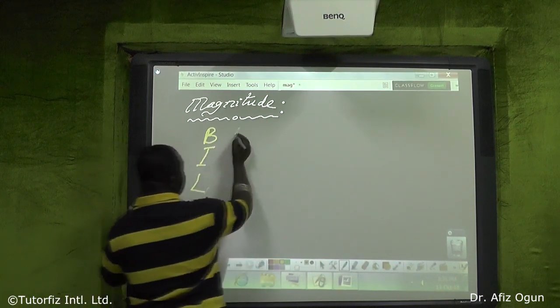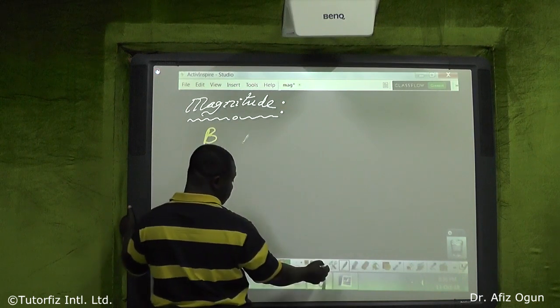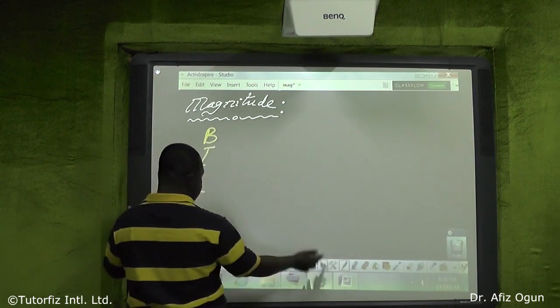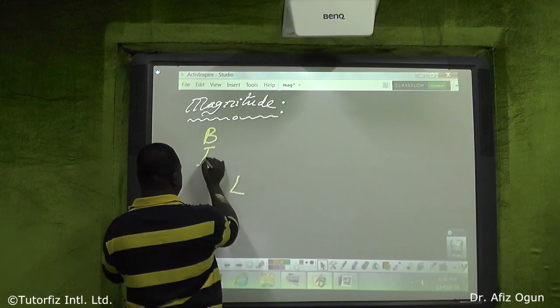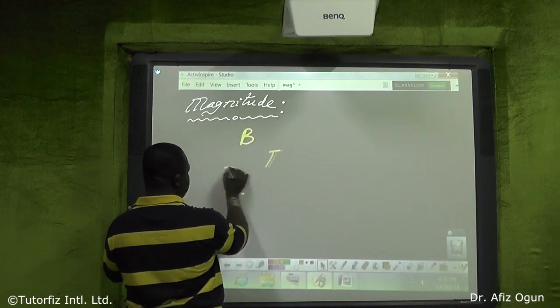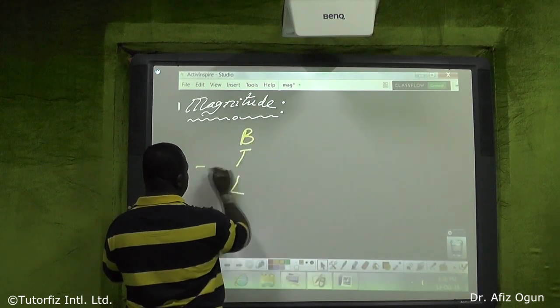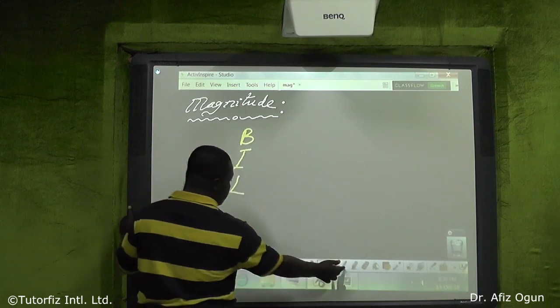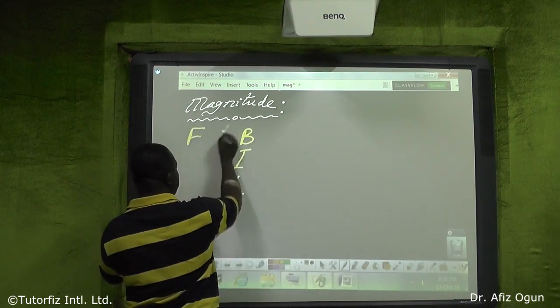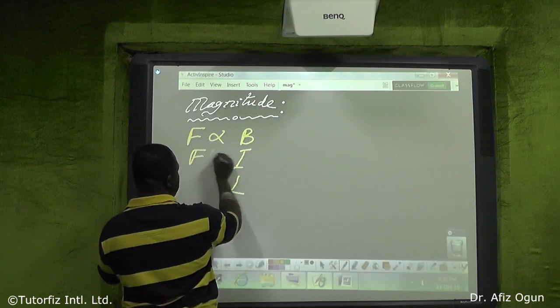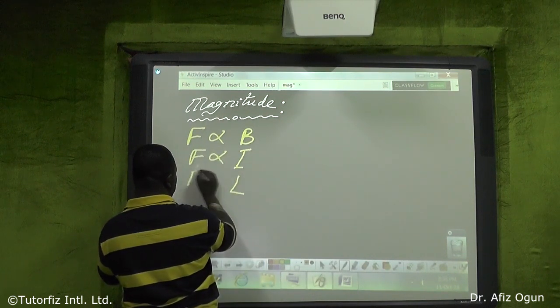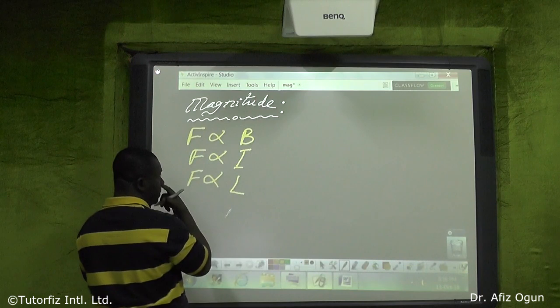Now, this force we are talking about is proportional to this, proportional to this, proportional to this.